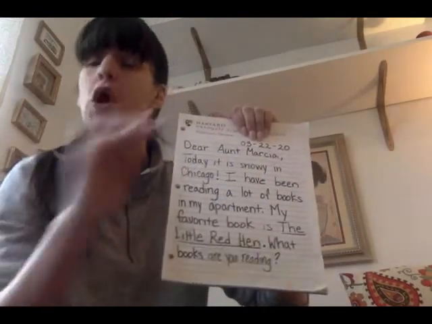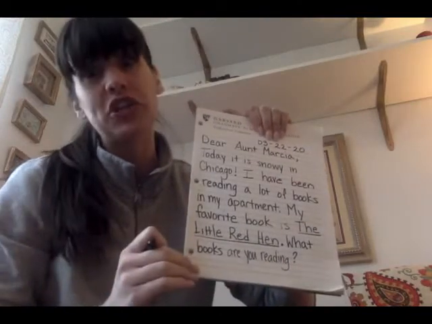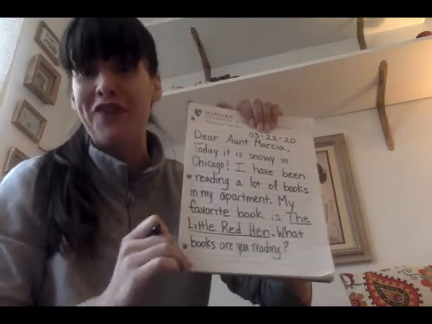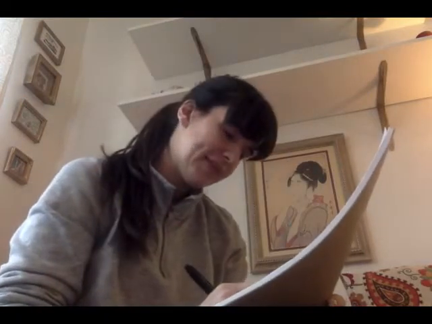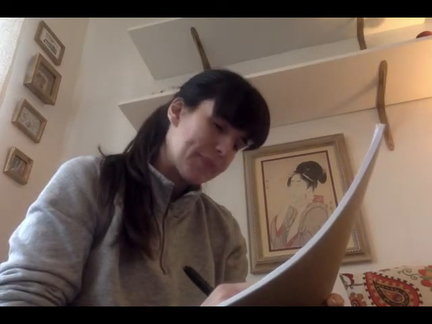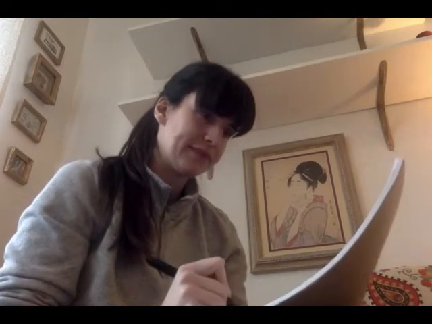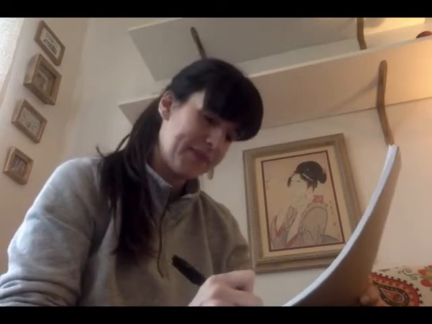You have to let the person know that you're all done writing the letter, and also let them know who the letter is from. So I will close it. Love, comma, and then I will put my name.